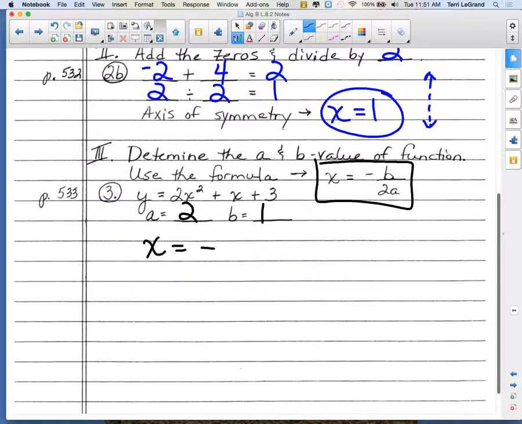It's really kind of out front of the formula. And then upstairs, put your b value. Downstairs, you have to take 2 times the a value, which our a value is 2. So x equals, let's just leave that negative sign out there for a little bit, 1 over what? 4.